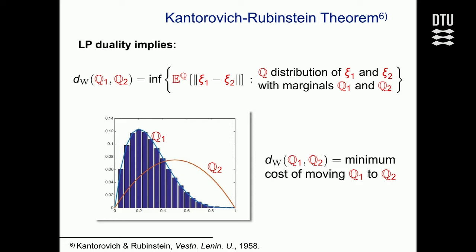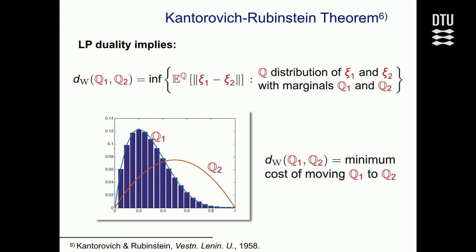They proved that the Wasserstein distance between two distributions Q1 and Q2 can also be expressed as the optimal value of a minimization problem. The minimization problem here runs over all distributions Q, and these are joint distributions of two copies of our vector of random variables, which I call xi1 and xi2. Right? So I have my vector of uncertain variables, and I copy it. Okay? So I get twice as many random variables.